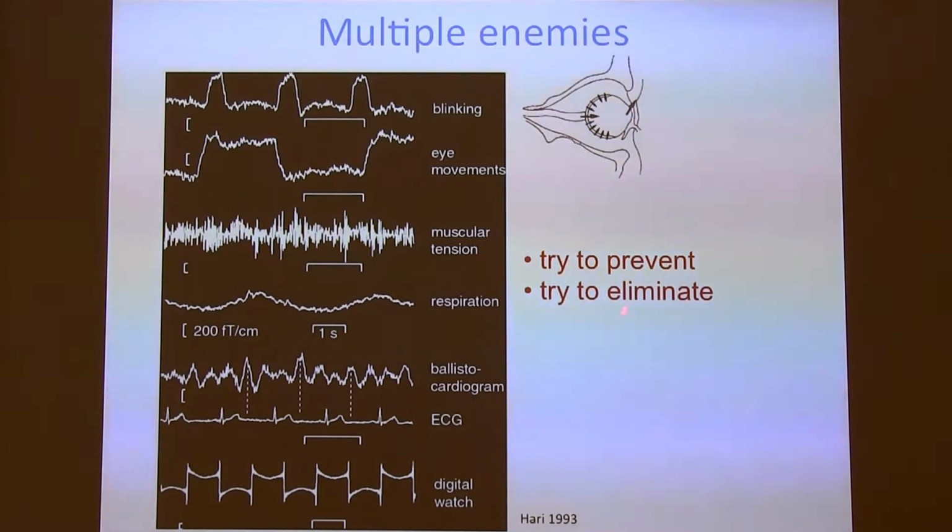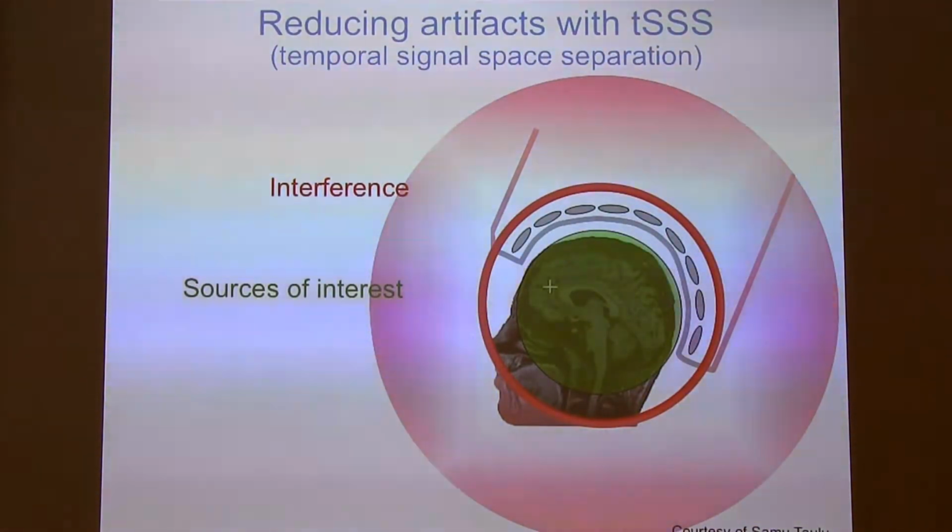But anyhow, what we should do is try to prevent artifacts, and if we can't prevent them, we should try to eliminate them. And thus, I consider the introduction of temporal signal space separation by Samu Taulu one of the very important contributions to this field, because with this new artifact removal system, it's possible to record also patients who have pacemakers in the body, which earlier was totally impossible.